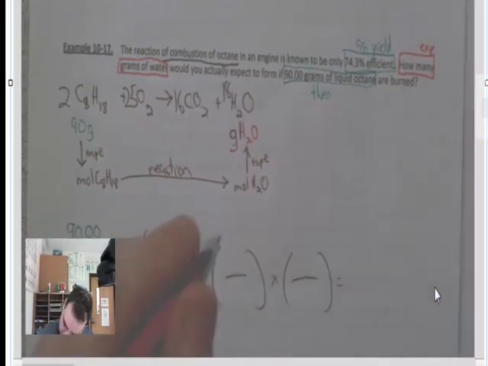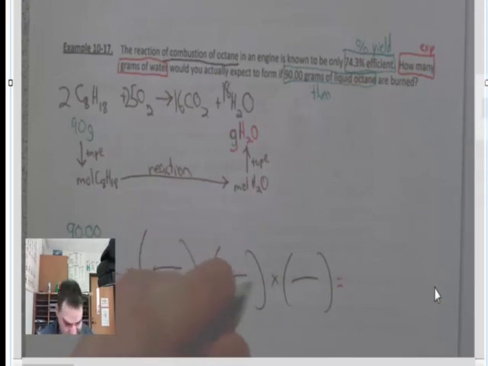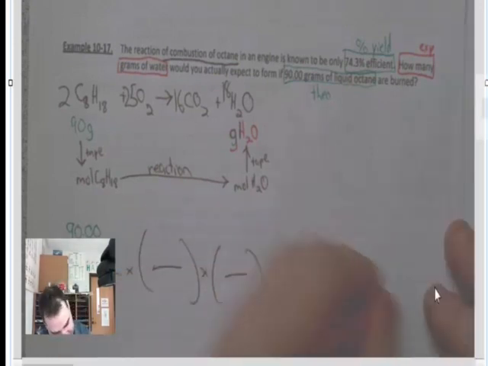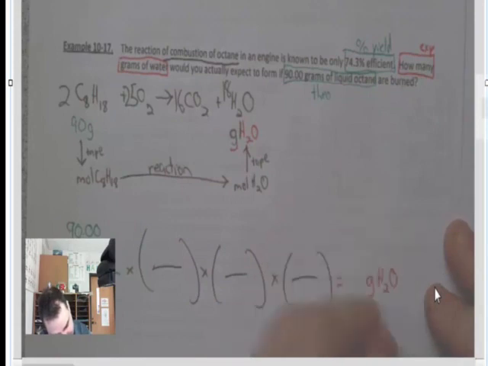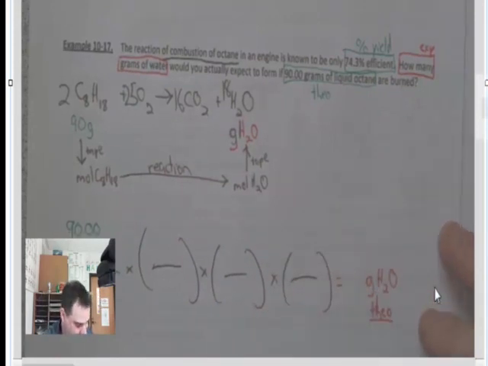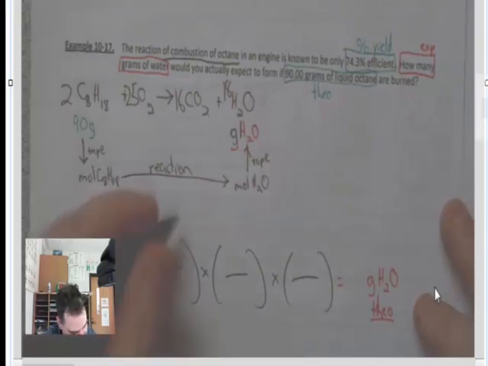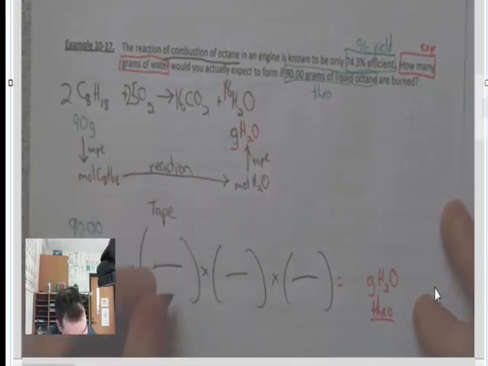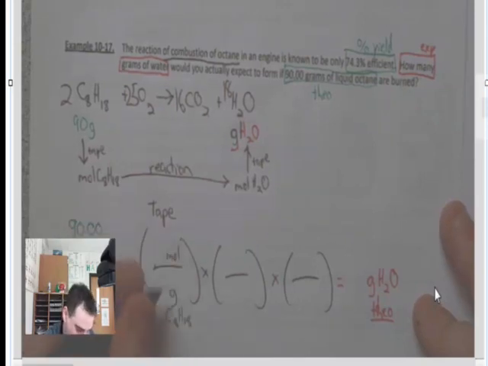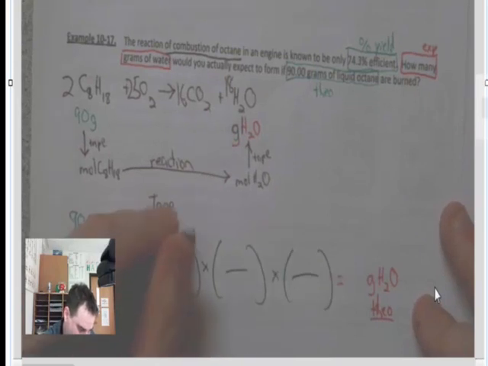And we're looking for grams of water. This is going to be theoretically produced. So step 1, gotta use the tape. Grams on the top, grams on the bottom. What are we trying to convert to? Moles. Moles is always 1.